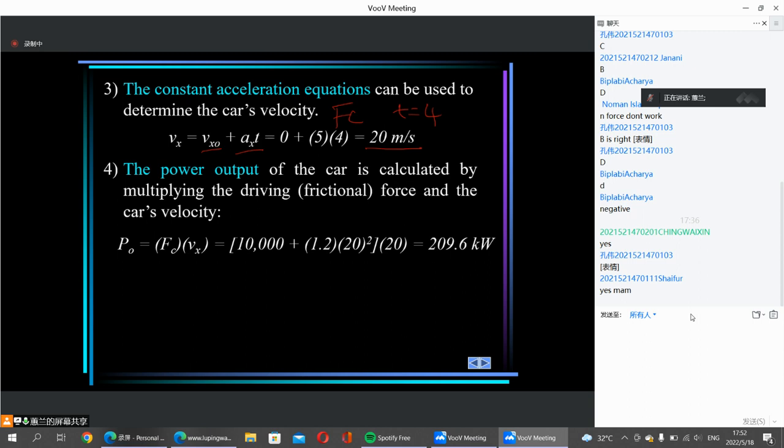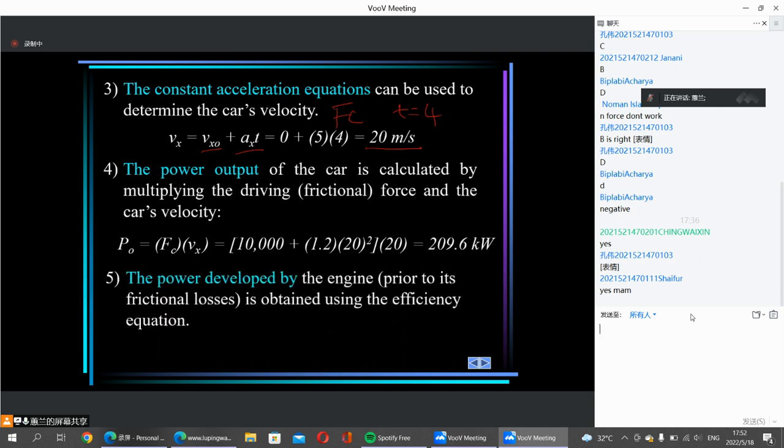That means the power that has been used. Some power is used and some is wasted. And because the efficiency is not equal to 1, the efficiency is equal to 0.5, the input power should be the output power divided by the efficiency. We can find out the input power.